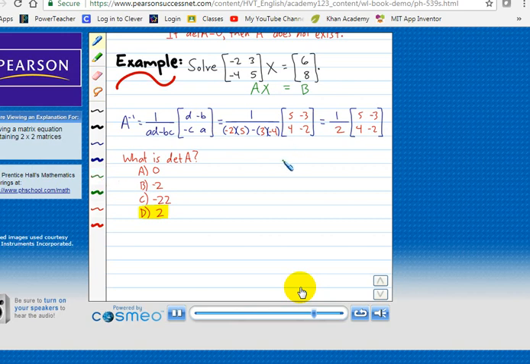Remember that from our first point of this tutorial, X equals the inverse of A times B. So we can say that X equals 1/2 times the 2x2 matrix 5, negative 3, 4, negative 2 times the matrix 6, 8.